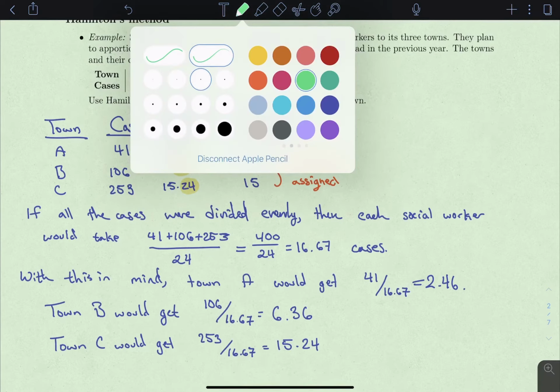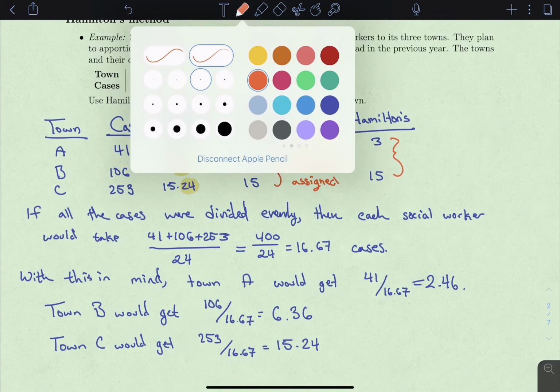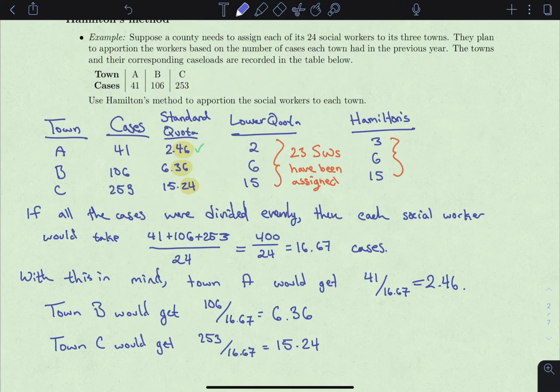So Hamilton's apportionment will give 3, 7, and 15. And now, oops, I did not add that up right. The 6 should still be a 6. 3, 6, and 15, there we are. All 24 have been assigned.